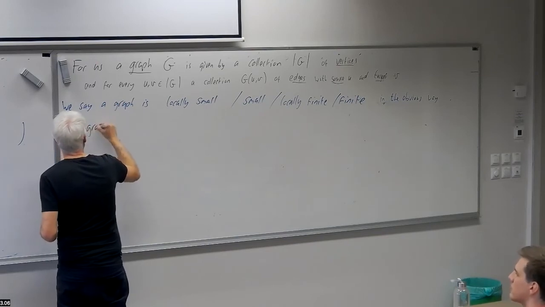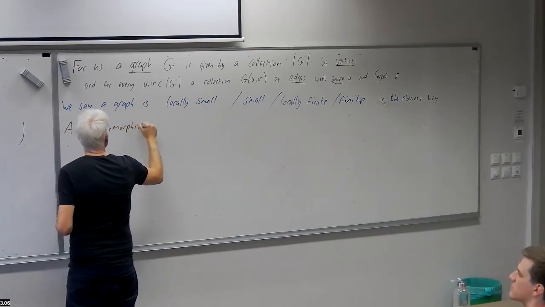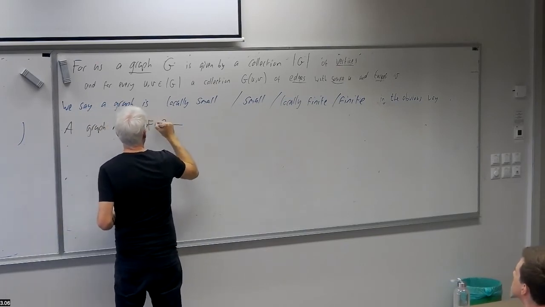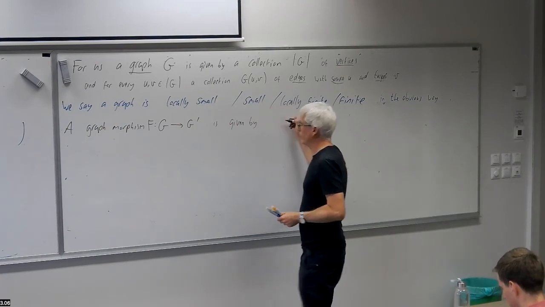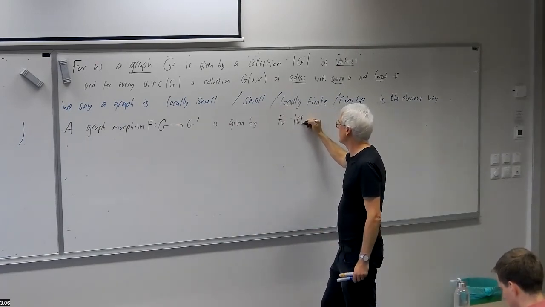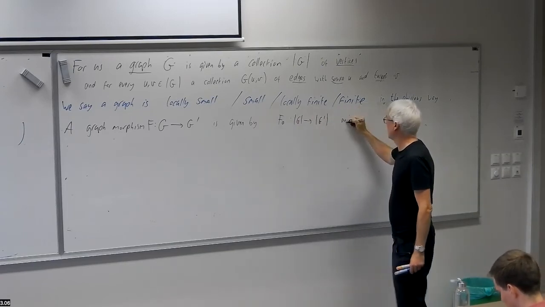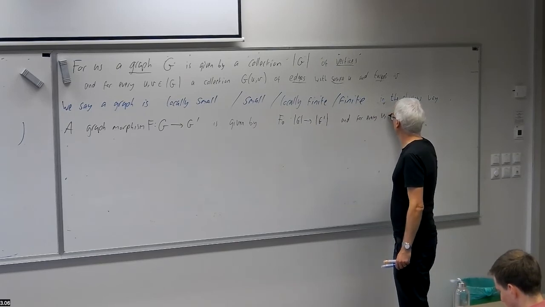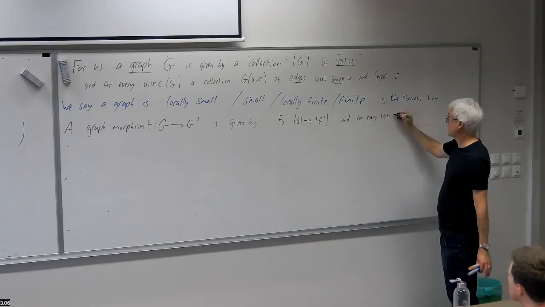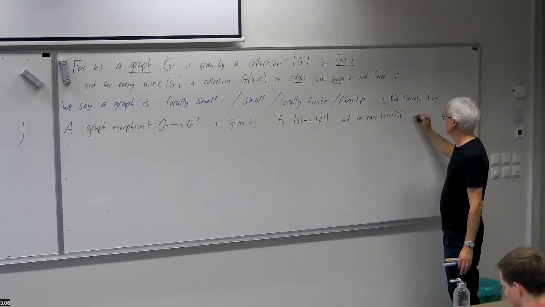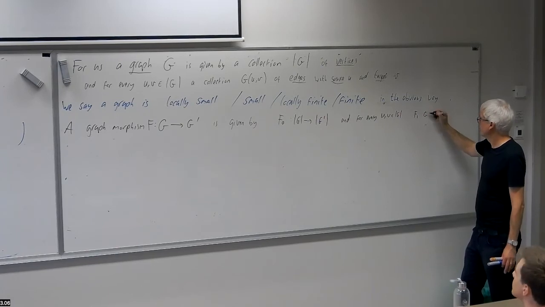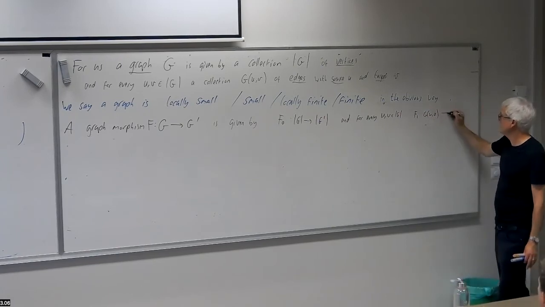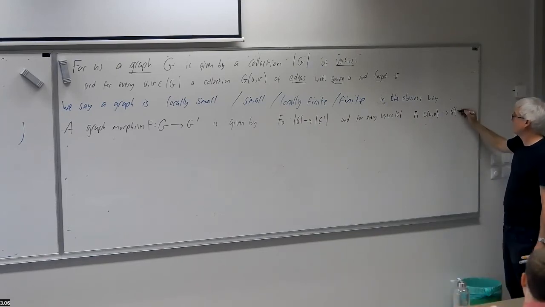So a graph morphism F from G to G prime is given by a function F0 that maps vertices of G to vertices of G prime, and for every pair of vertices u and v in the vertices of G, a function F1 for u and v from edges from u to v in G to edges in G prime from F0 of u to F0 of v.